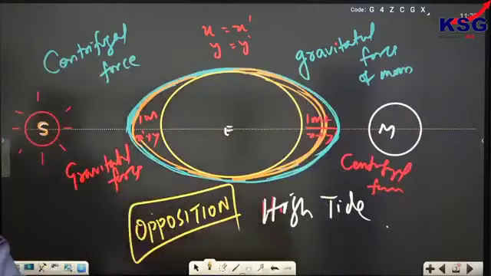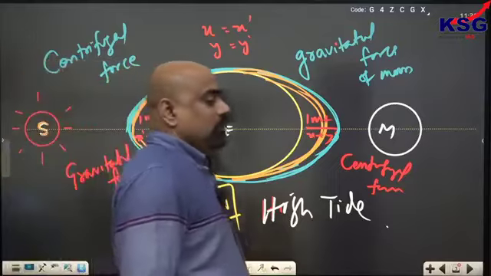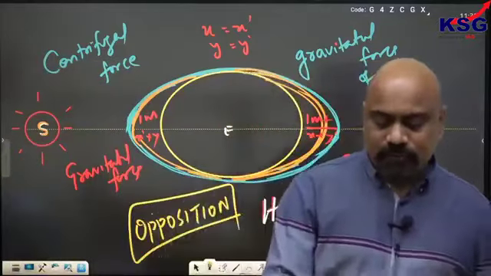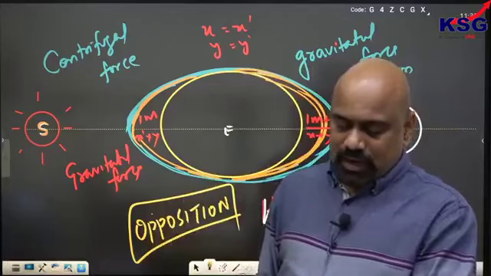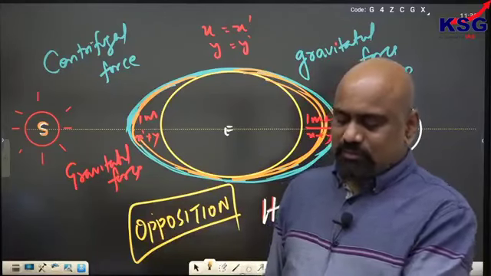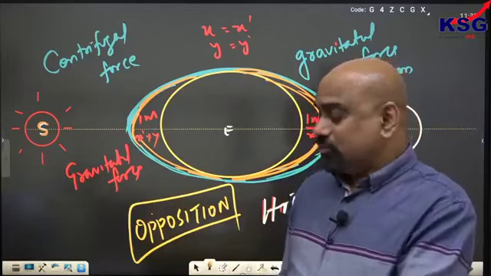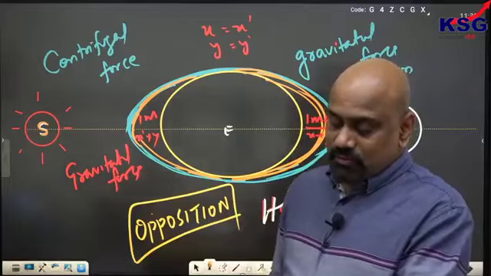Whenever they are in one line, whatever the position, if they are in one line, at that time what will happen? High tide will occur. Two high tides here. So gravitational force, as I said, high tide occurs in lunar and solar eclipse.